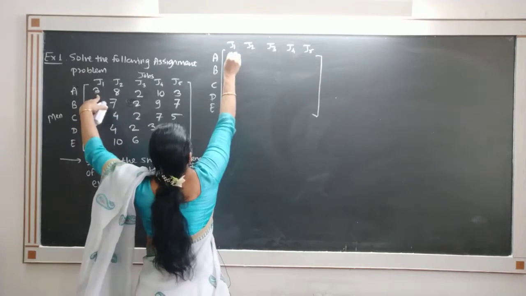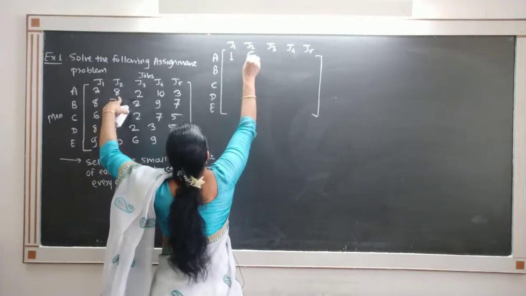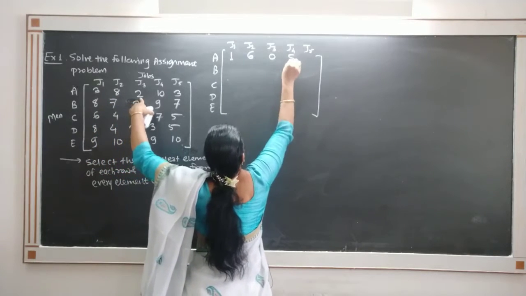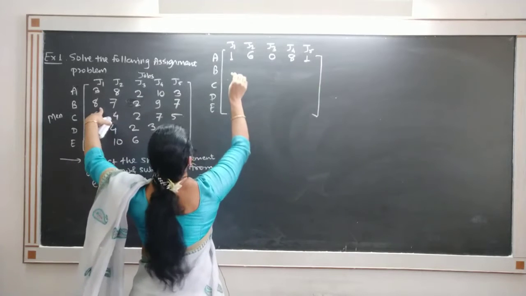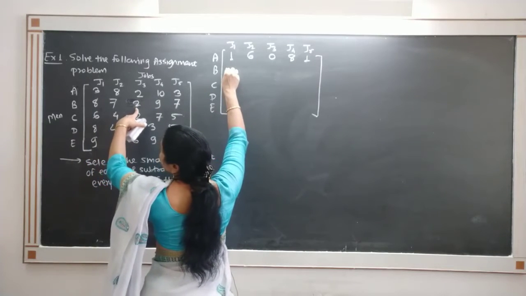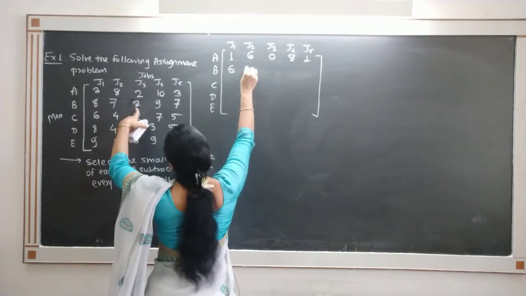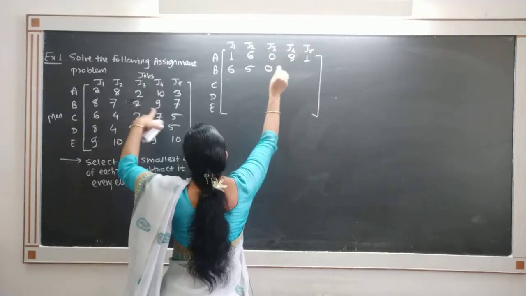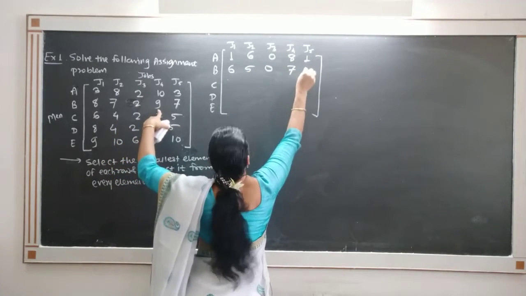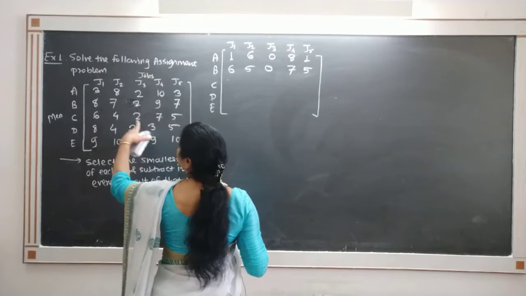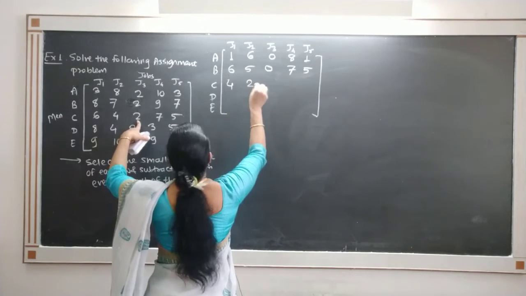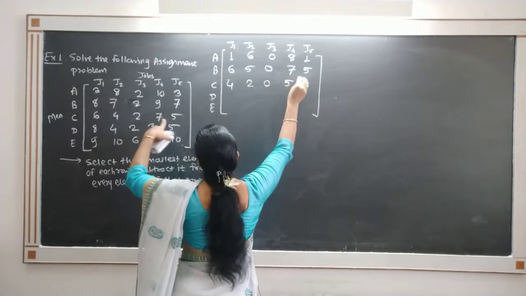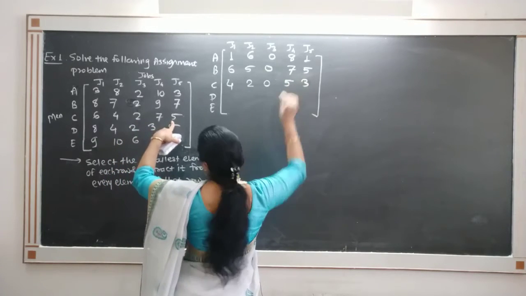So we get the elements 1, 6, 0, 8, 1. In the next row the minimum is 2 again, so subtracting 2, we get 7, 5, 0, 7, 5. Minimum of the next row is also 2, subtract 2, we get 4, 2, 0, 5, 3.